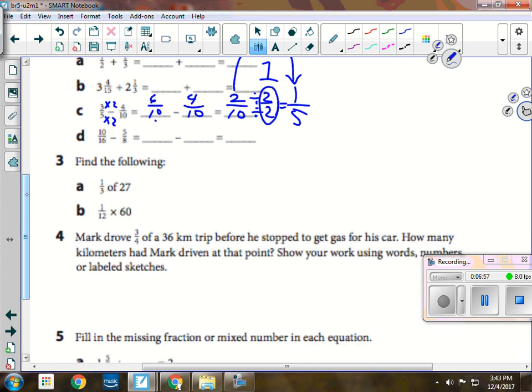And the last one here, common denominator is 16, so 10/16 isn't changing. Oops. That's the one we're changing. 8 doubled is 16, so that's times 2. I think that's 5/8. Maybe it's 3/8. It's blurry on here. Let's go with 3.